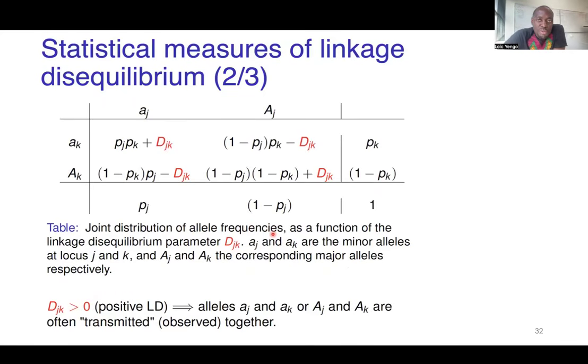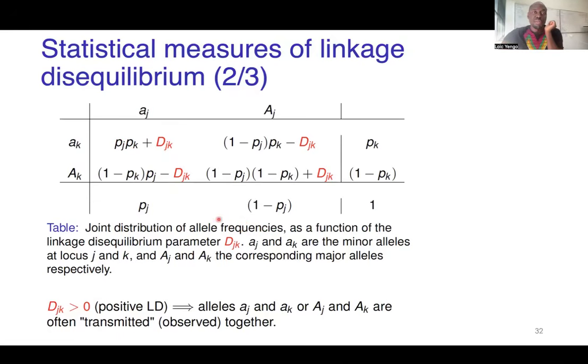And so what I'm showing here is a way to represent this. Let's start by ignoring those D_JK, which is the linkage disequilibrium statistic. If you ignore the D_JKs, you only look at a table with P_J, P_Ks, and all that. This is essentially the expected frequencies you would have if you just take completely independent loci, right?